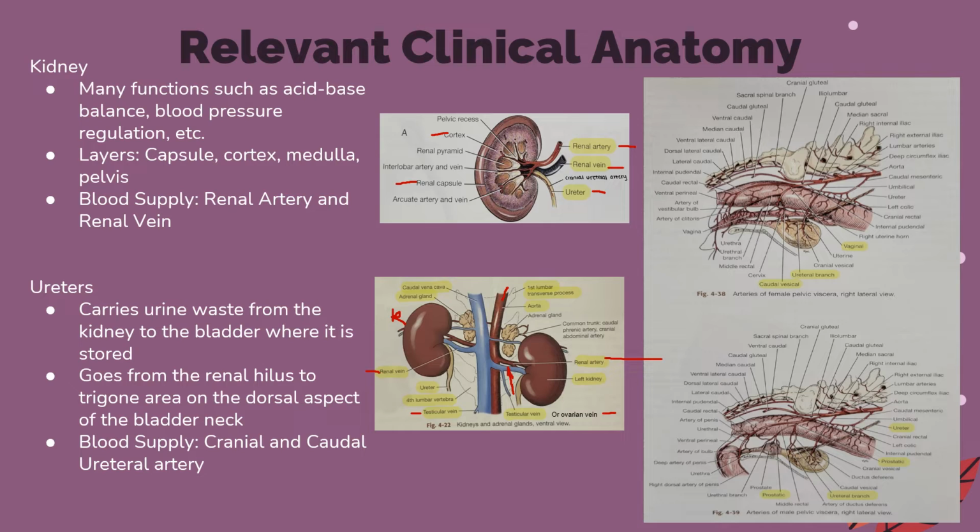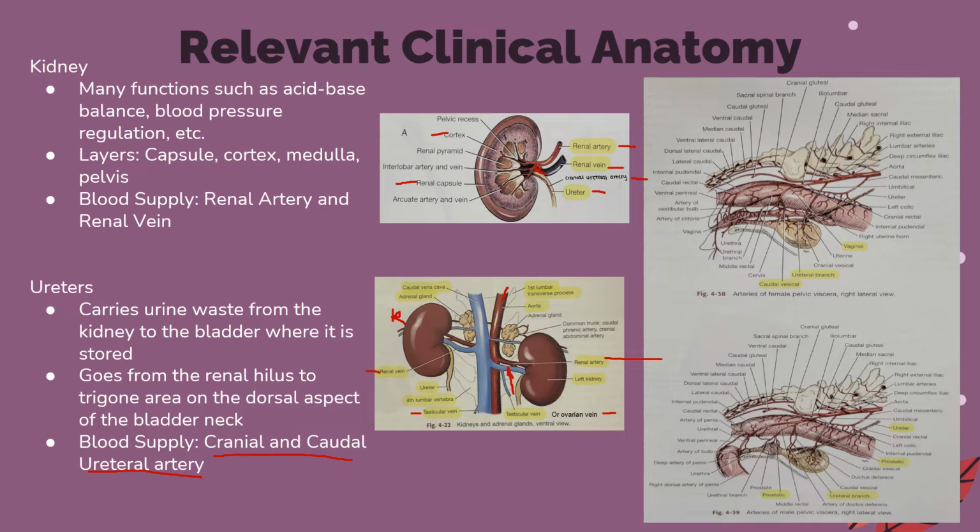Blood supply for this area is through the cranial and caudal ureteral arteries. The cranial ureteral artery, you can see in the image in the top right, branches directly off of the renal artery right here, and that provides blood supply to the cranial aspect of the ureter.